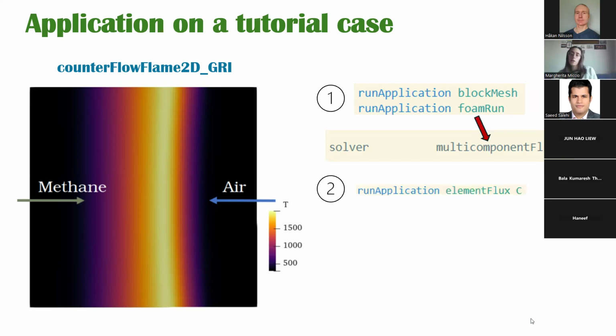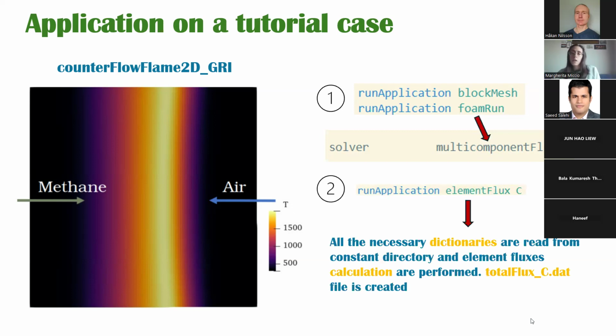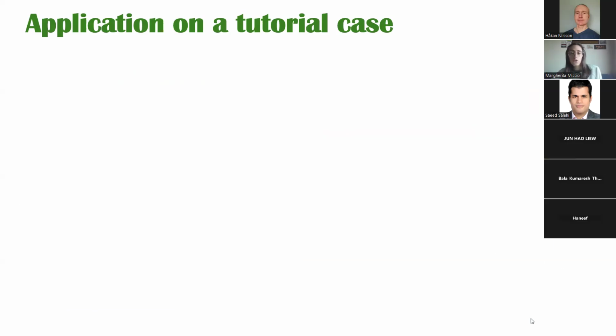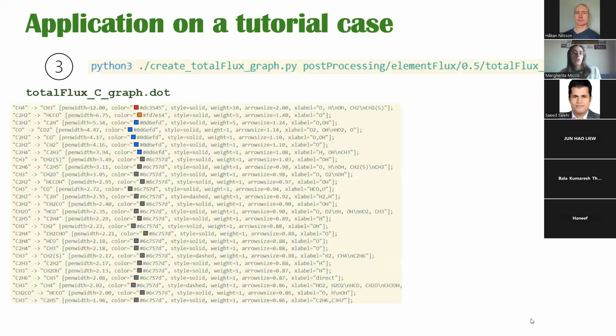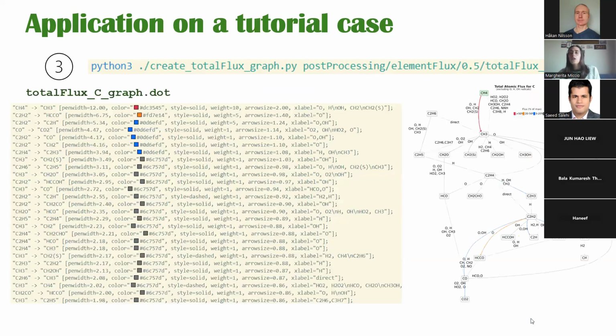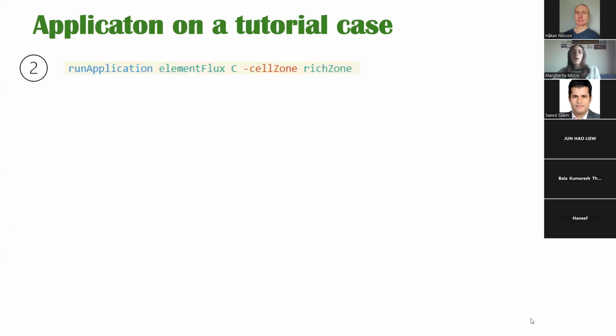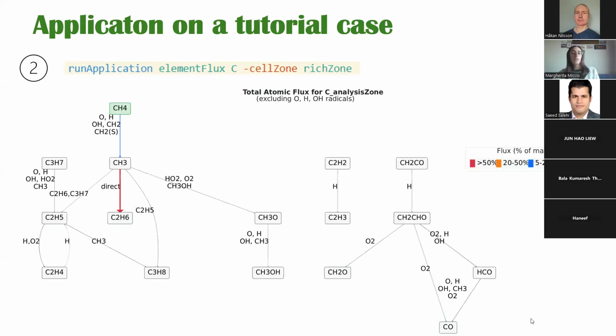Then we run our application, elementFlux, which generates the files we mentioned before. Then we use the Python code to generate the image we saw previously, thanks to GraphViz, the final diagram. We can also run this in a small zone of the domain, for example where there is more fuel, and then we see that the diagram looks very different.